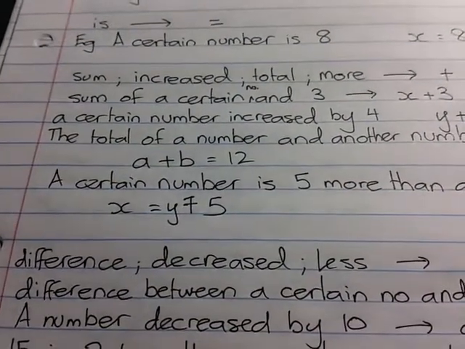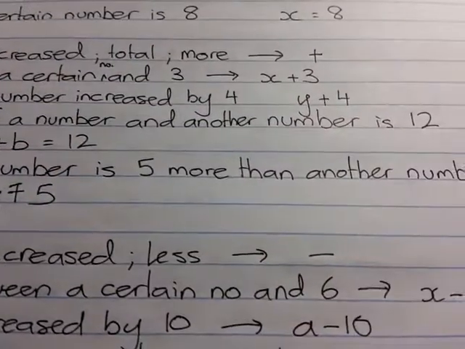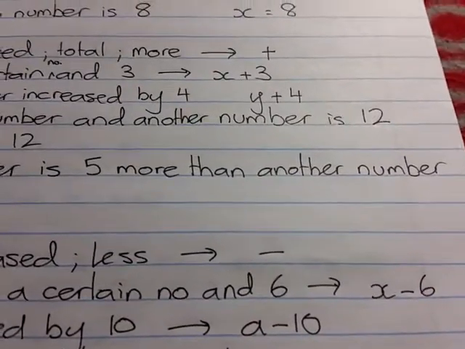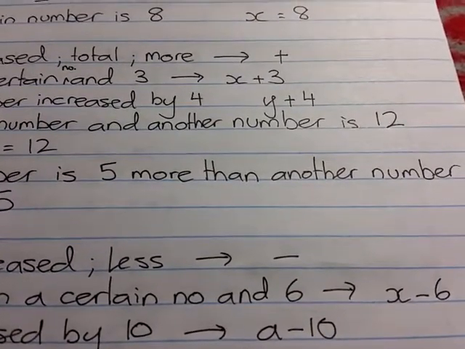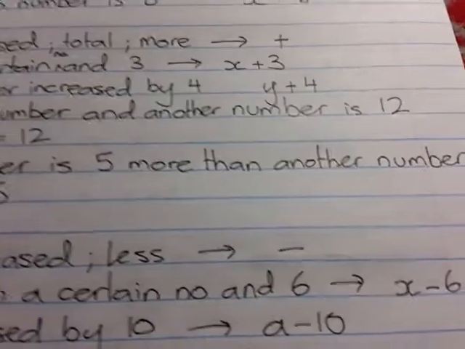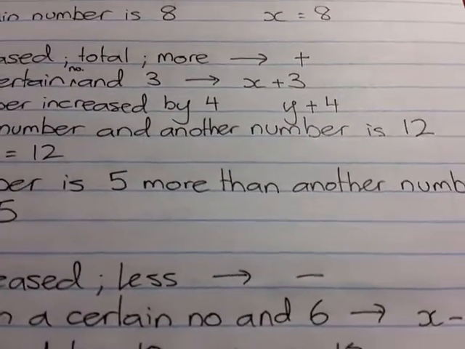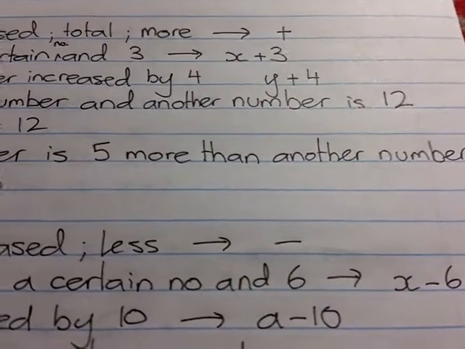If you see a number decreased by 10, you can translate that as, let's say, a minus 10. Remember, as I said, the letters don't have to be the same letters all the time.